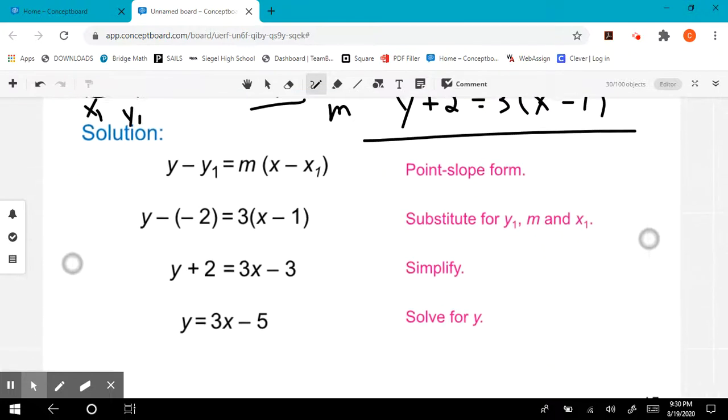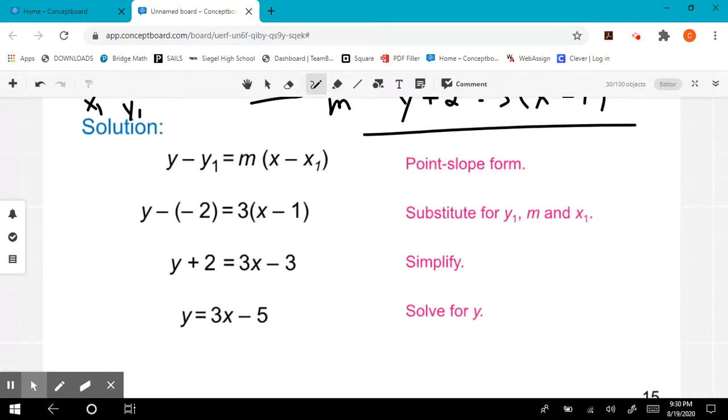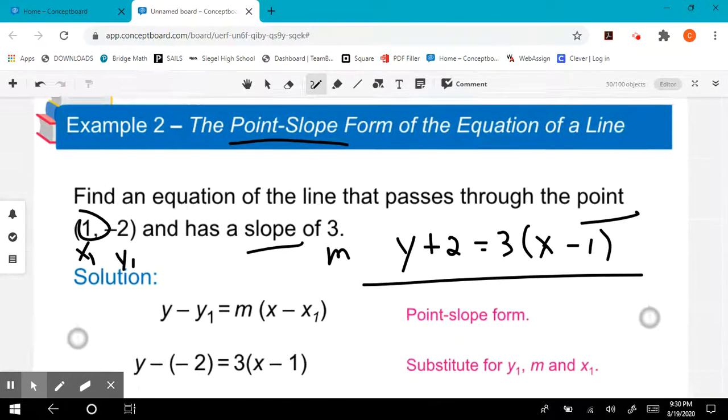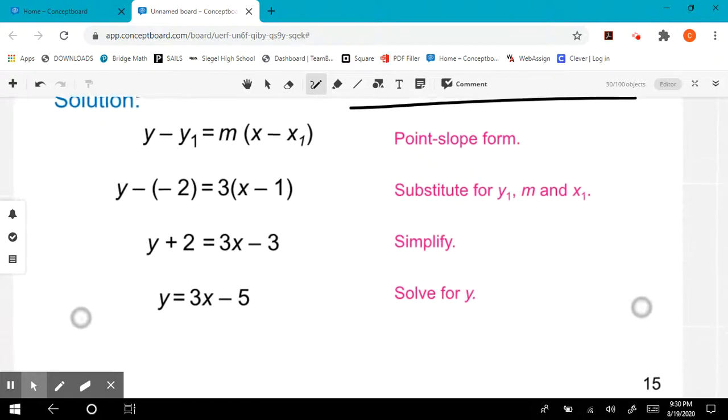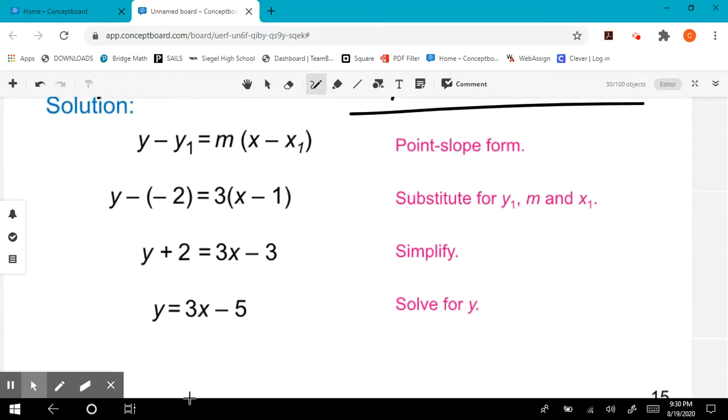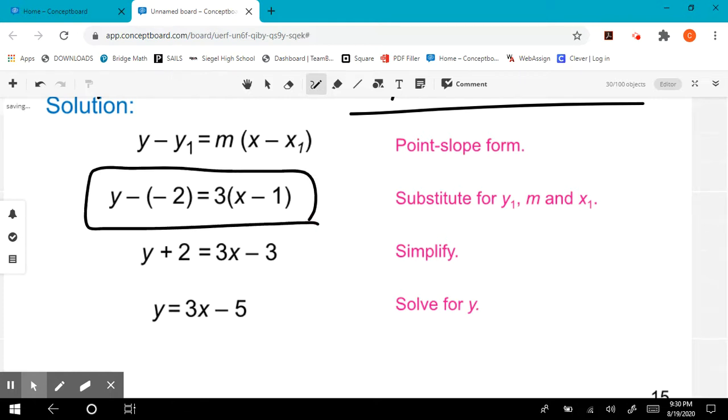If you look and see what they did, I don't believe it told us to do this, but they went ahead and solved it for y and put it in what we call the slope intercept form, which we'll talk about in a minute. Right here is where we left it.